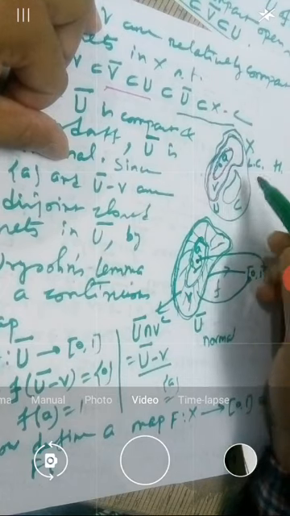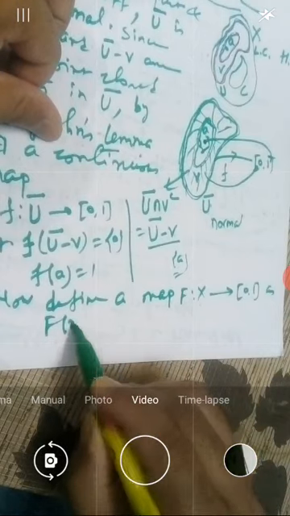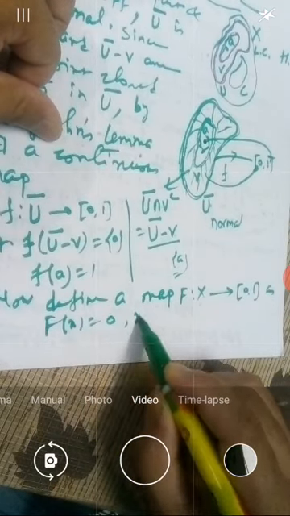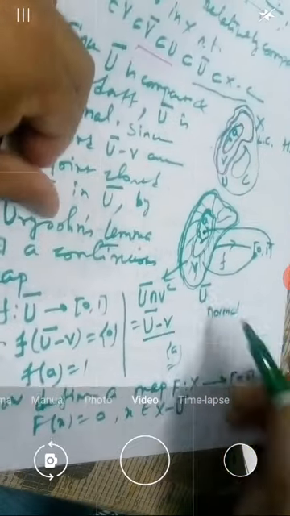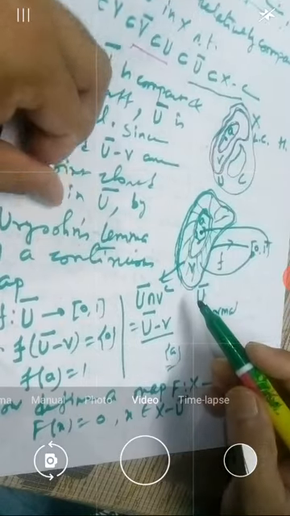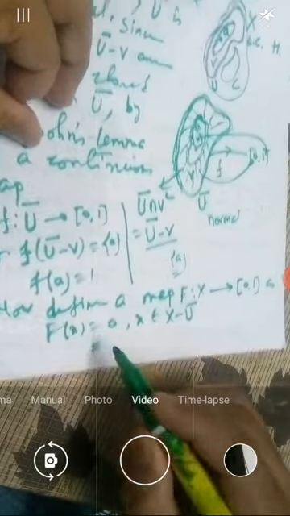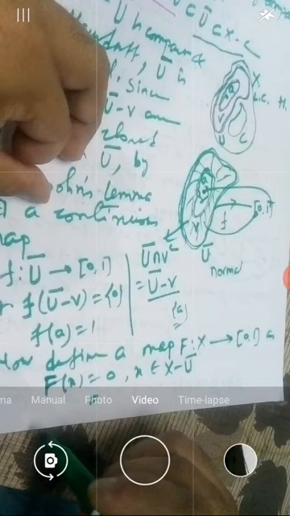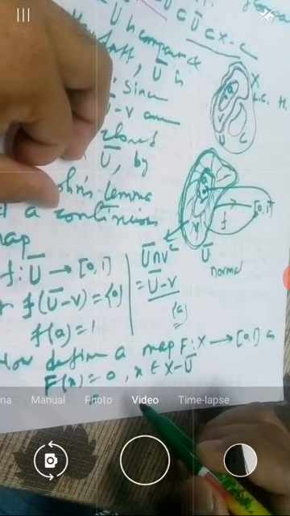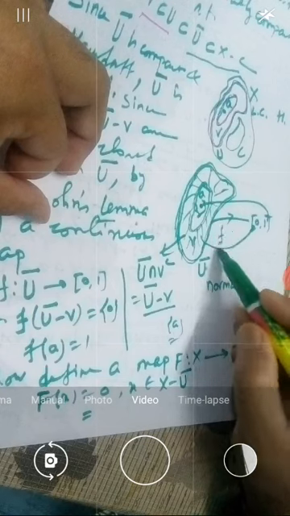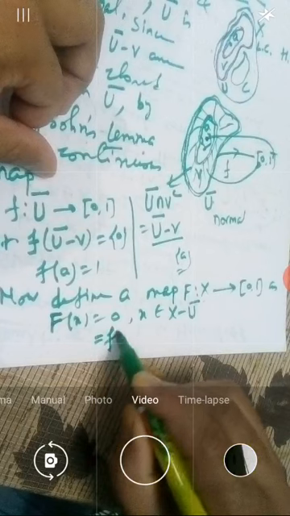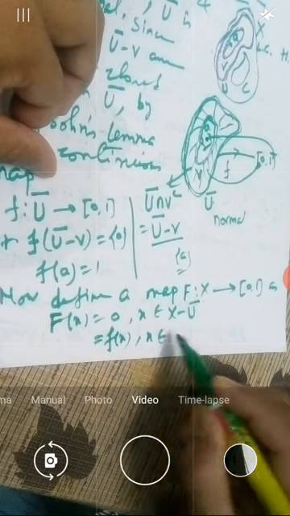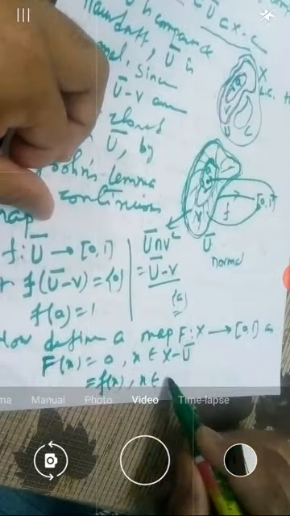Outside U bar, F will map all points to 0, that is, F of x equals 0 for all x in X minus U bar. And inside U bar, this capital F will send every point via this small f, that is, F of x equals small f of x when x is inside U bar.